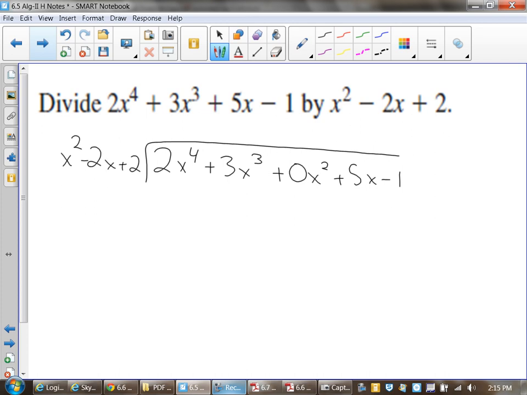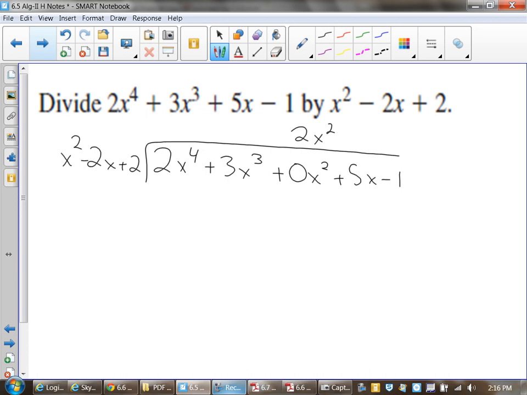And again, this looks like it's going to be awful, but you're going to ask yourself the same question. How do I turn an x squared into a 2x to the 4th? 2x squared. So where do I put that then? Right above the 0x squared. Perfect. Now what do you think I have to do?